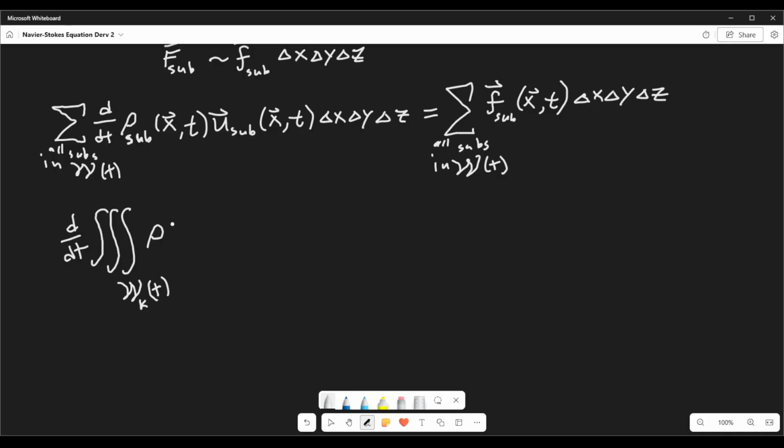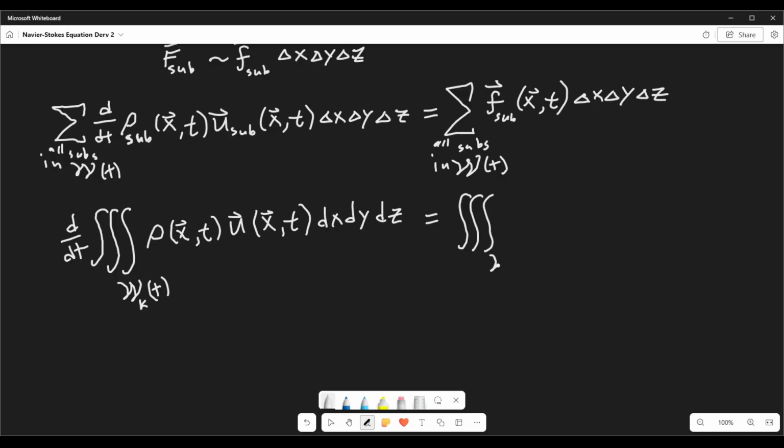And then you basically just have the rho, the velocity, and then dx, dy, dz equals, again, the triple integral ends in t.